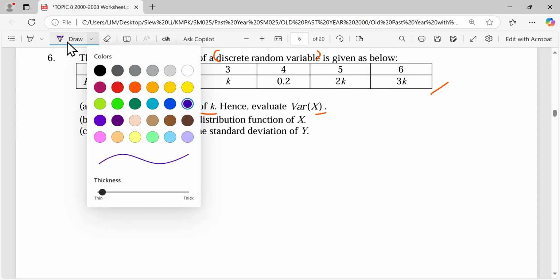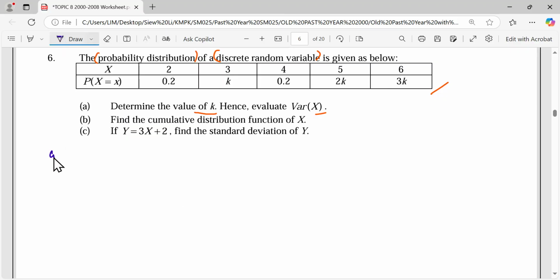As we know, in a discrete random variable, the total probability must be equal to 1. So for the whole event here, the probability must equal 1. Therefore, 0.2 plus k plus 0.2 plus 2k plus 3k must equal 1.